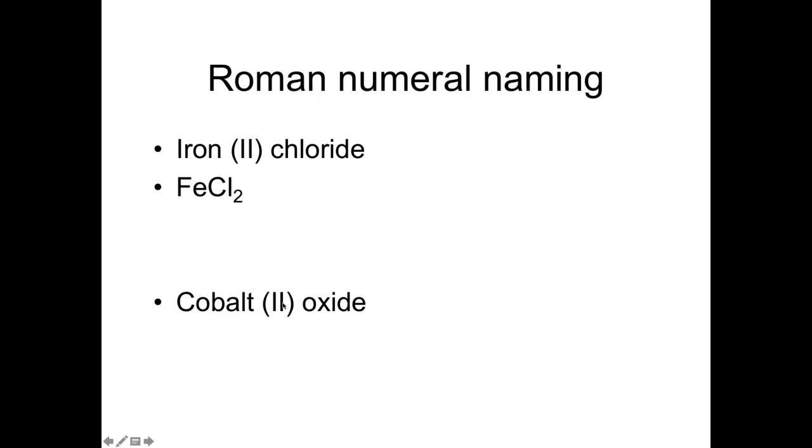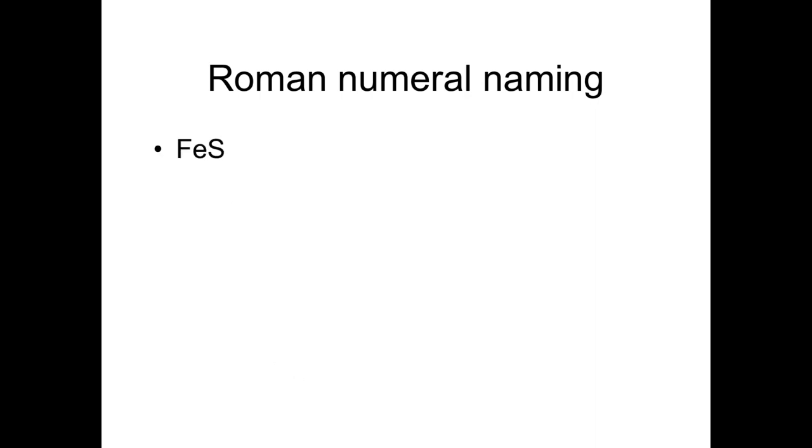Then we have cobalt 2 oxide. Cobalt will be Co with a 2+. Oxide is O with a -2. So when you cross and reduce, you're going to get CoO, with a capital O to represent that. Here are some examples to do. So we have FeS.